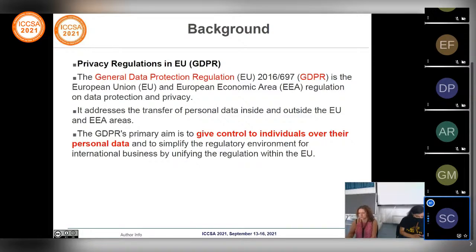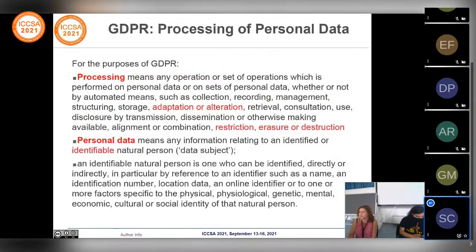The GDPR's primary aim is to give control to individuals over personal data and to simplify the regulatory environment for international business by unifying regulation within and outside the European territory. And some purposes of GDPR are regulating processing, and defining what we mean by processing data, and what personal data are.